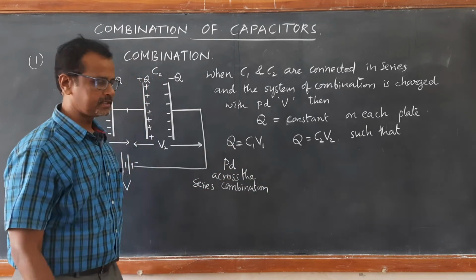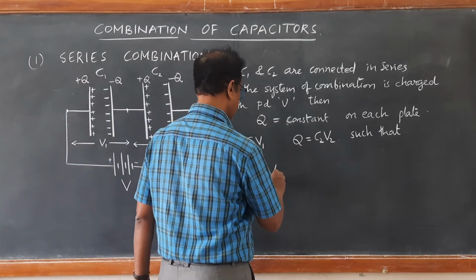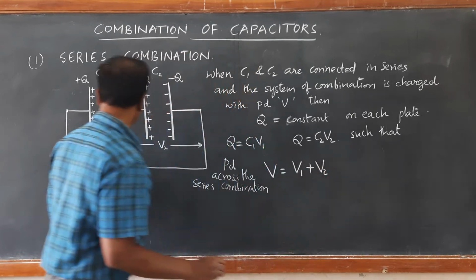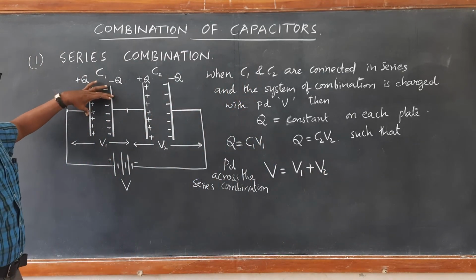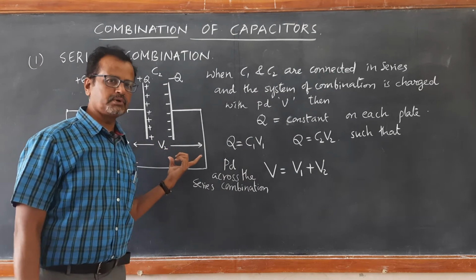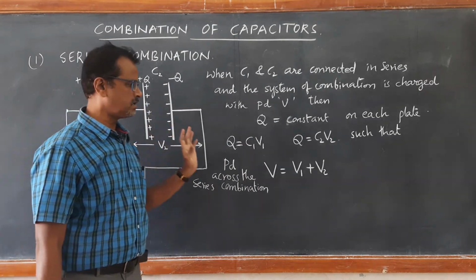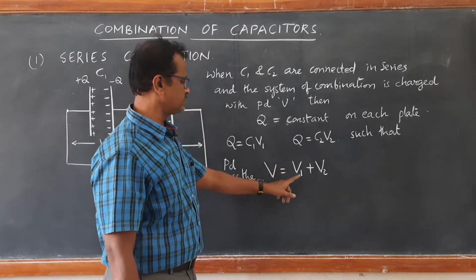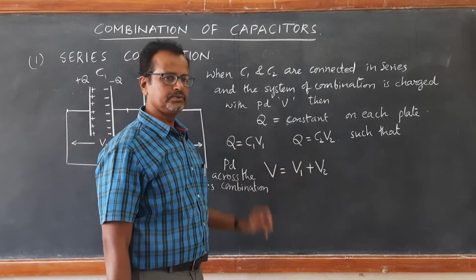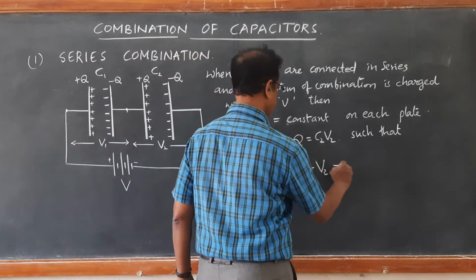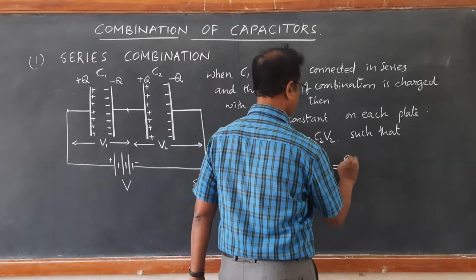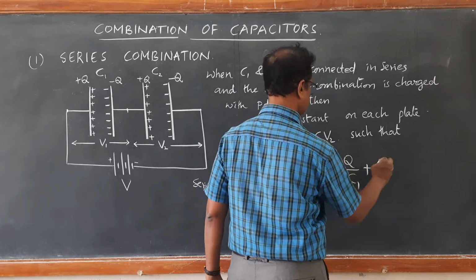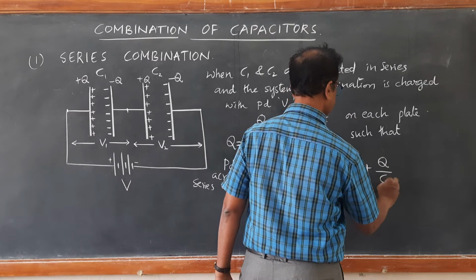Potential difference across series combination, V becomes equal to V1 plus V2, where V1 is the potential difference across the capacitor C1, V2 is the potential difference across capacitor of capacitance C2. So, you can just substitute what is V1 here and what is V2 here. So, when you substitute, V1 becomes Q by C1 plus V2 becomes Q by C2.